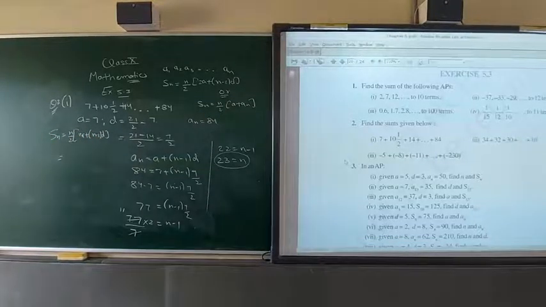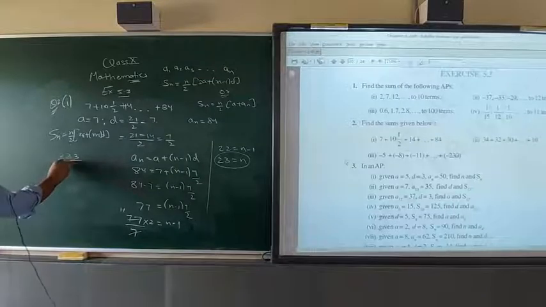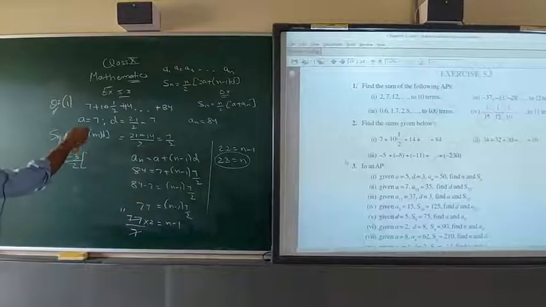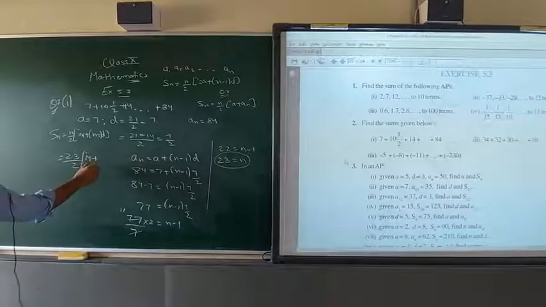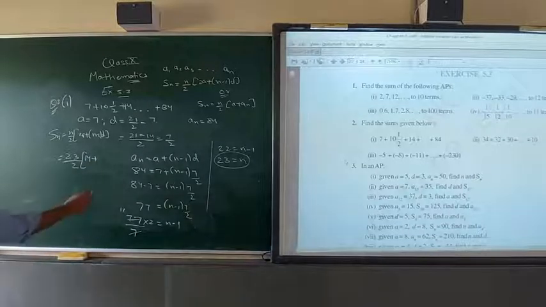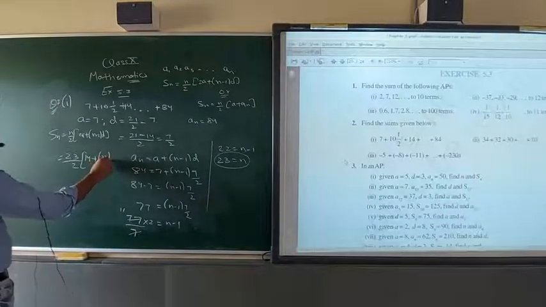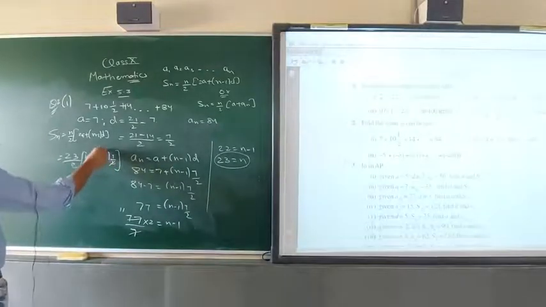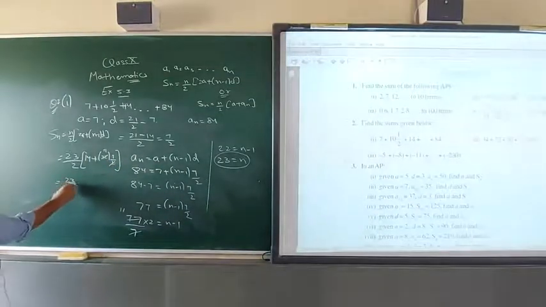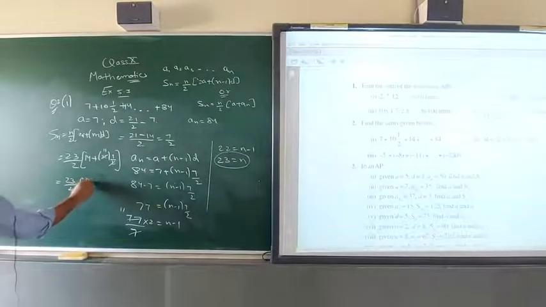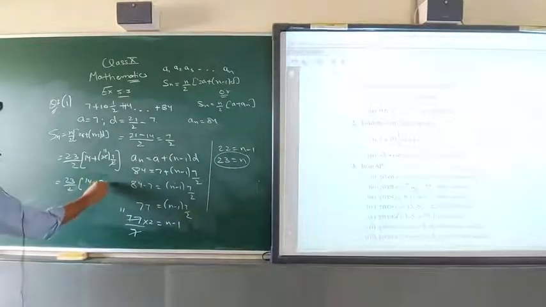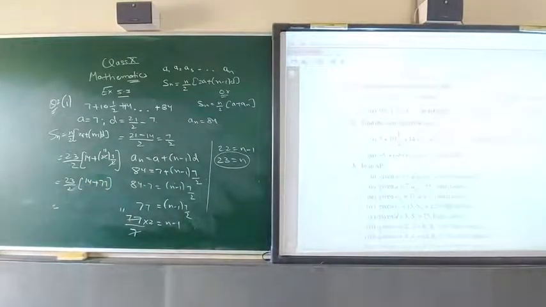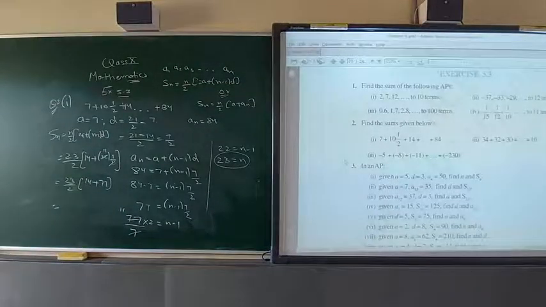Now the value of n is 23/2, 2a will be 14, plus (n minus 1): 23 minus 1 is 22, and the value of d is 7/2. We can cut by 11: 23/2 times (14 plus 77), and when you solve you will get the value of the sum. Clear this question?